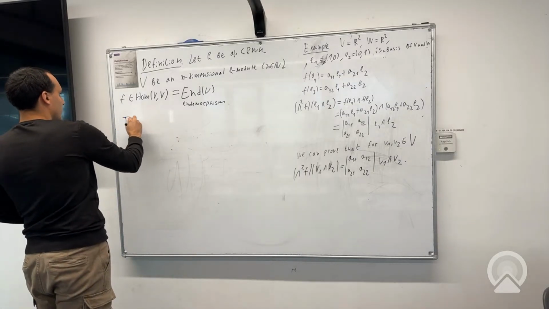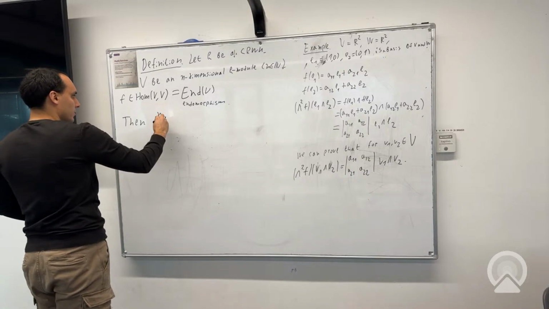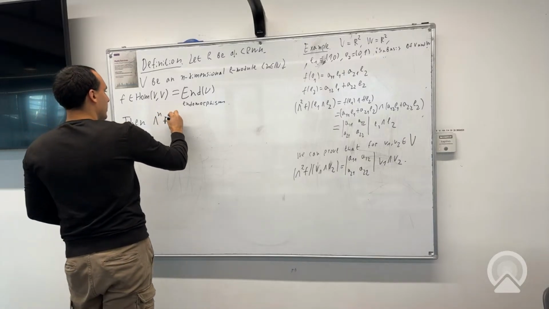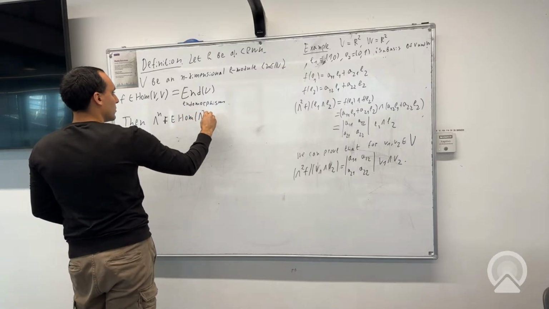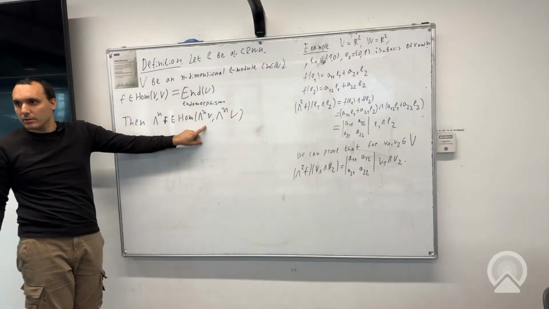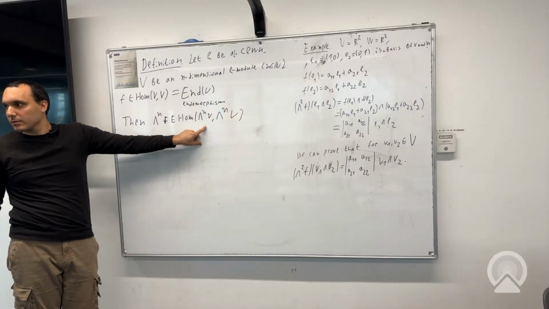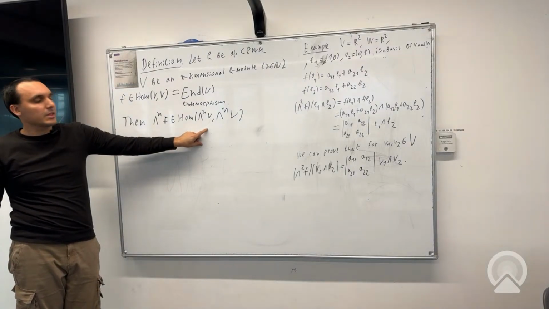Then lambda n V of F is a linear map from lambda n V to lambda n V. What's the dimension of lambda n V? But this is the whole power.